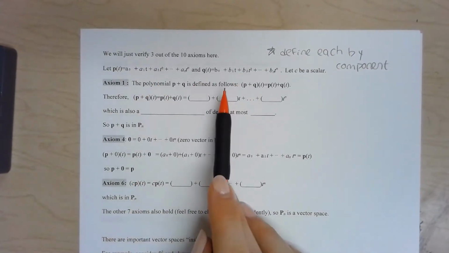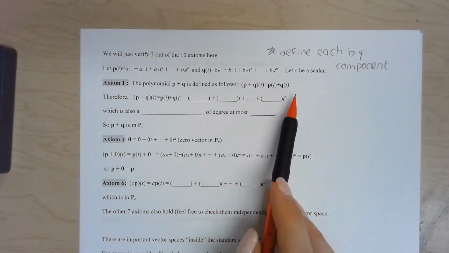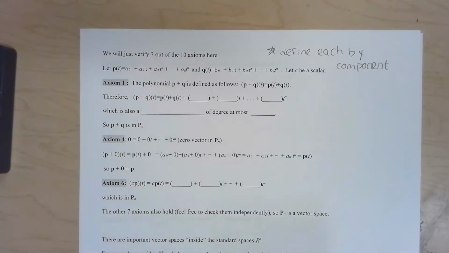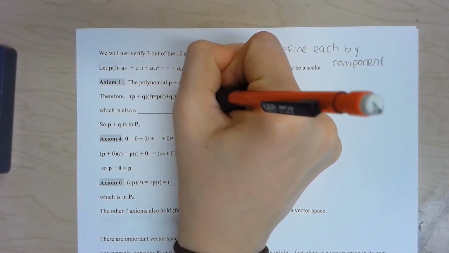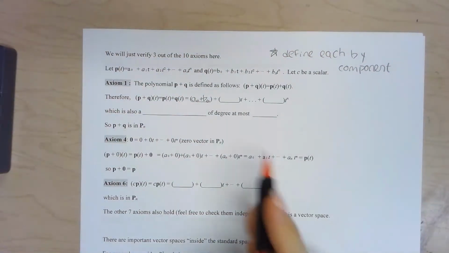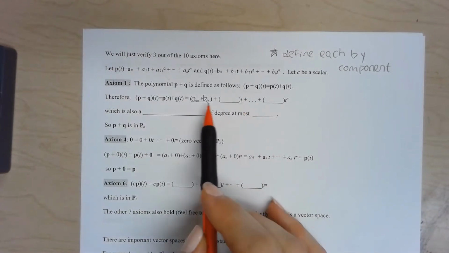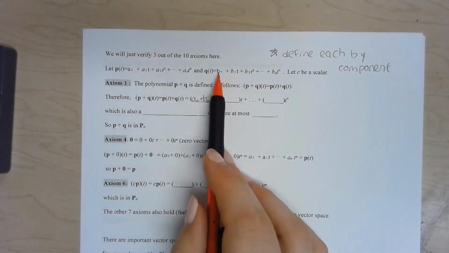So when I add the 2 vectors together, I should get another polynomial that fits this format. So if I think about combining like terms based on the degree next to them, I would be adding the constants together. That would be a naught and b naught here.